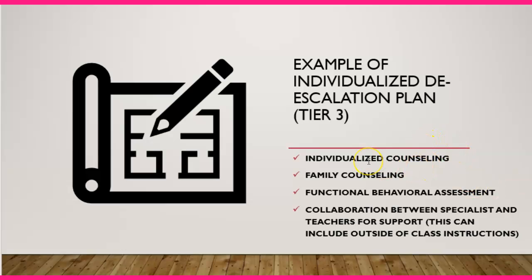In this plan, things like individualized counseling can occur, family counseling, and a functional behavior assessment to understand the behavior. Collaboration between the teacher and the specialist for support can be included in this plan for the student that needs to be helped. There will be certain instructions, and this includes in and out of class.